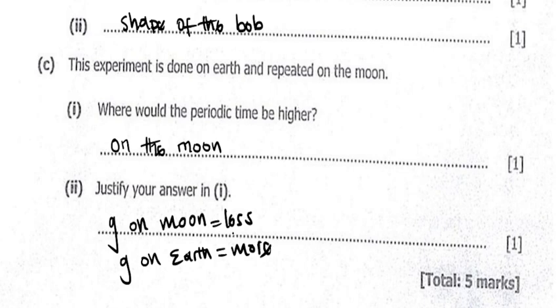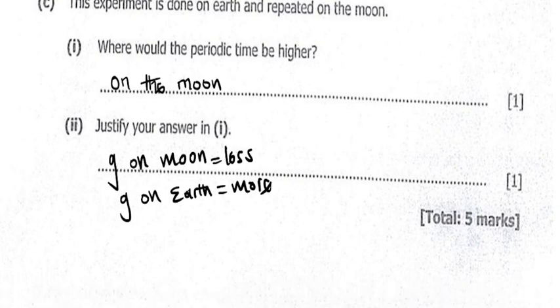So the lesser the gravitational field strength, the higher the periodic time of the pendulum.